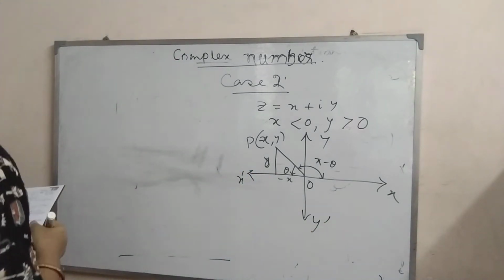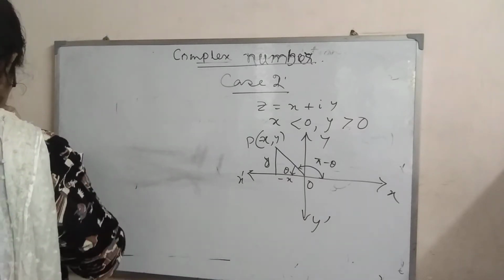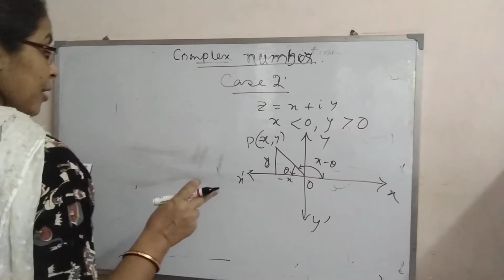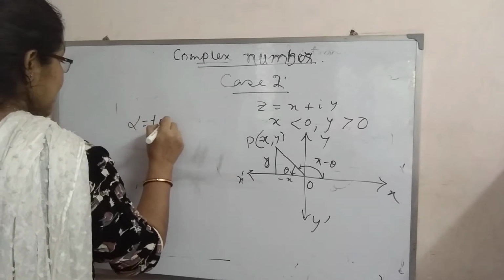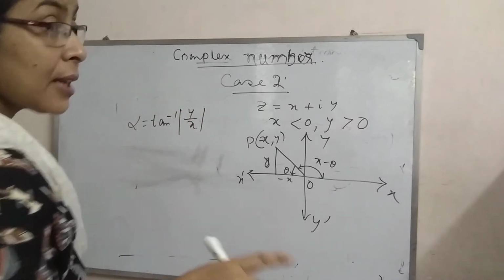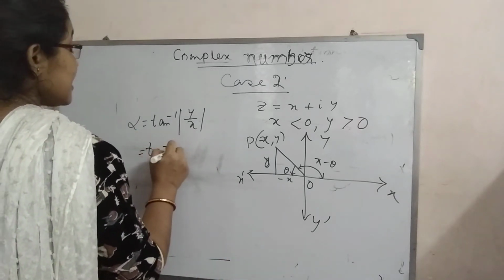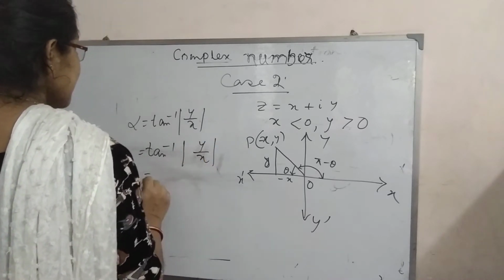Similarly, let alpha be the acute angle given by tan alpha equal to mod y by x, so alpha equal to tan inverse mod y by x, and theta be the amplitude of z.